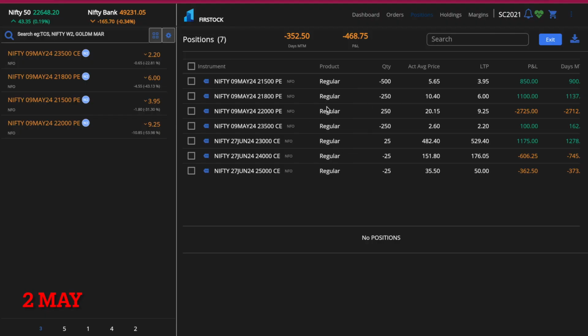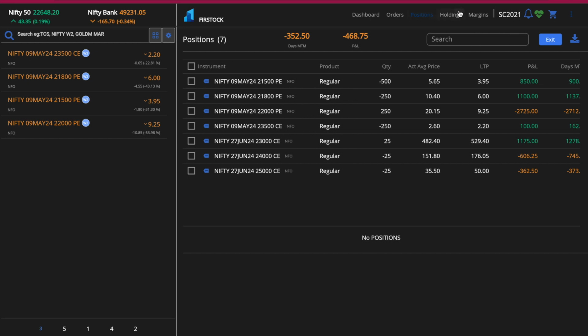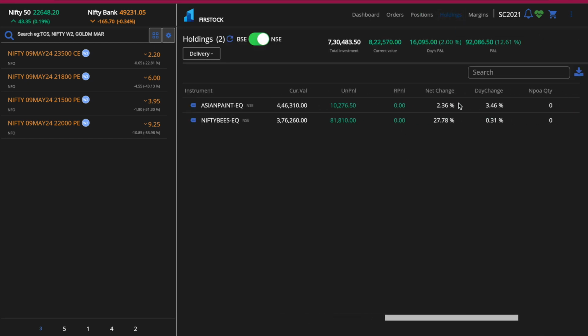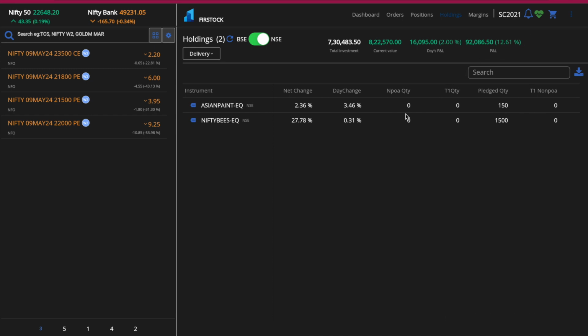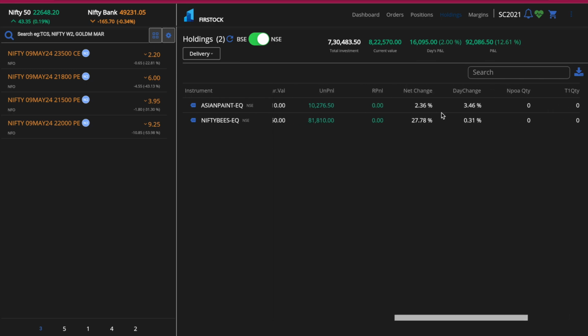One strike price or two strike prices, we will see how much to come forward, that we will decide later. Margins left at 28,000, and if you want to check the holdings, they are decent, so both of my holdings are up now. The average is 12.61, and the overall net change is 2.6% for Asian Paints and 27% for FTVs.